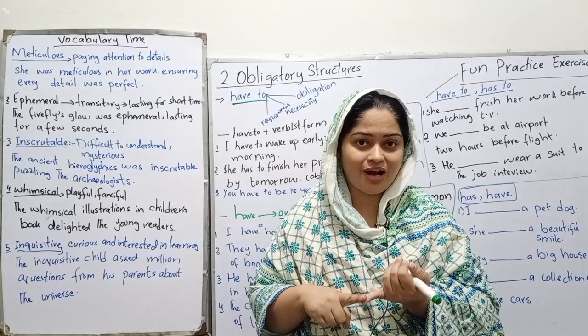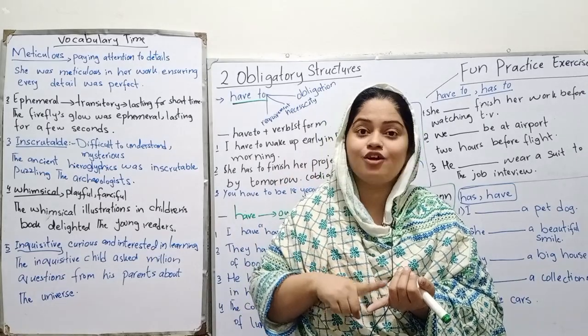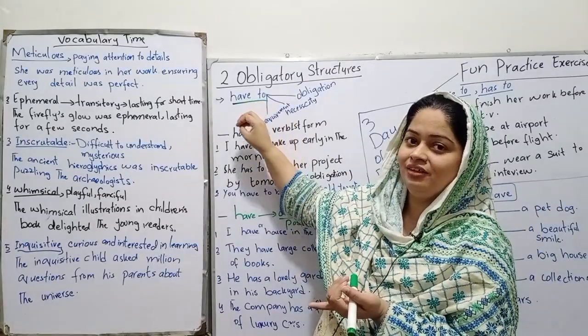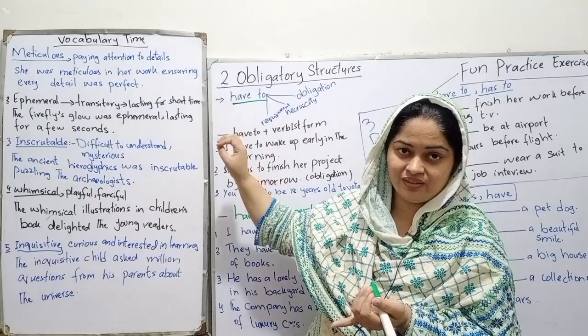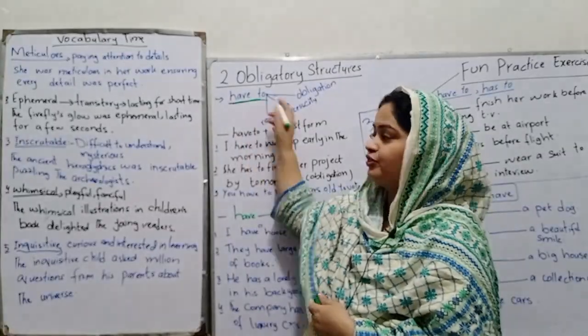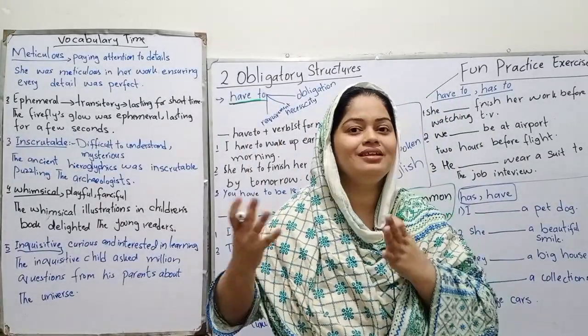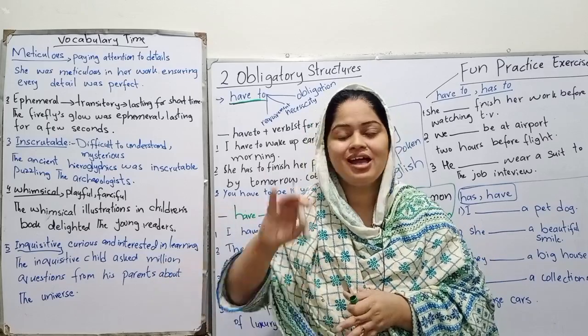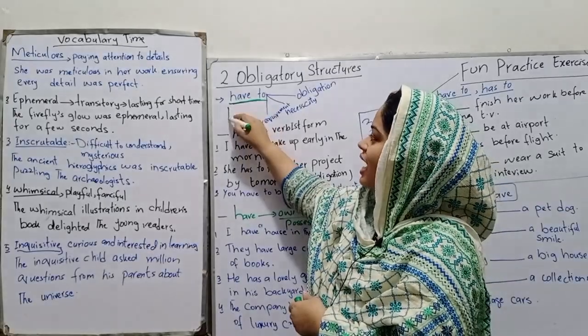That's why I call this rule an obligation structure. With I, we, they, you, use have to. With singular he, she, it, and the third person, you use has to.